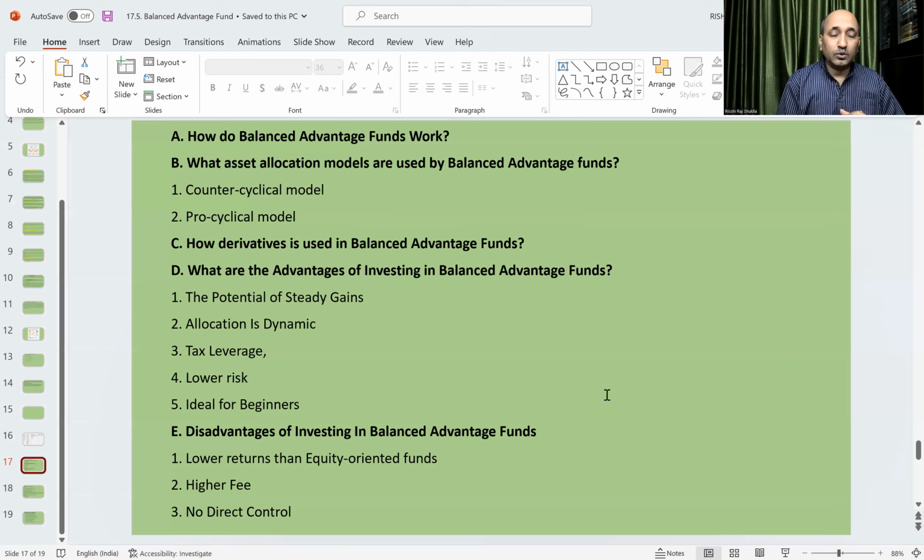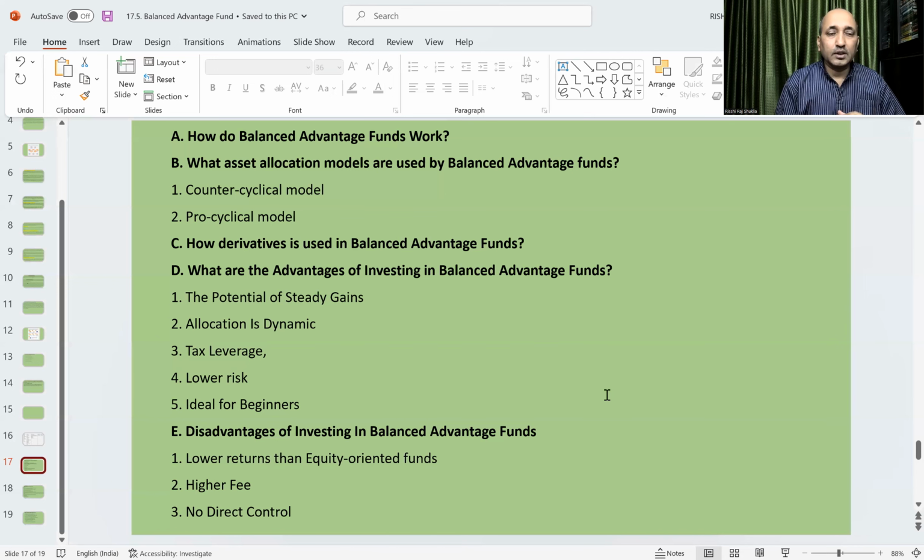Tax leverage we can also have through arbitrage. The fund manager tries to always keep 65% in equity, not in direct equity but in arbitrage, so that this scheme is treated in an efficient manner and we can have the equity tax leverage.